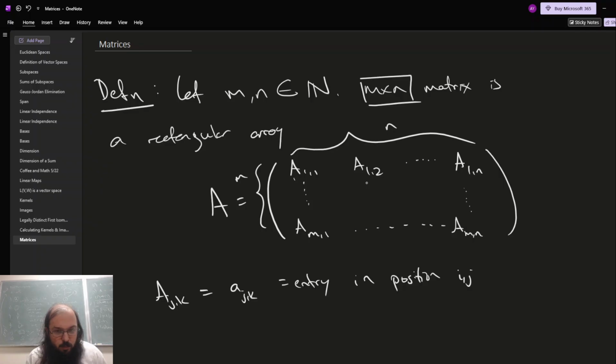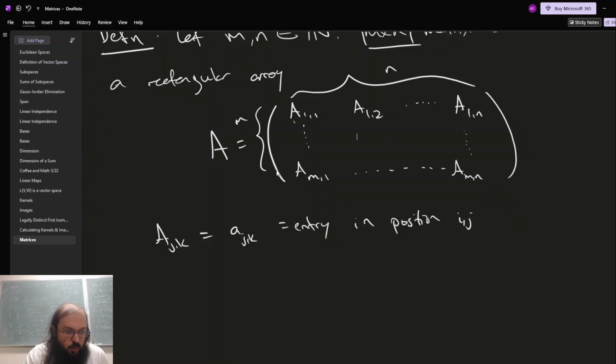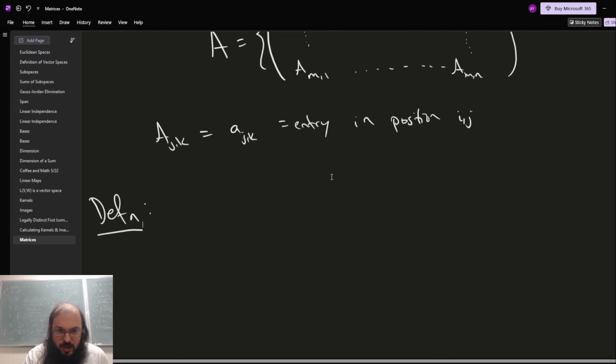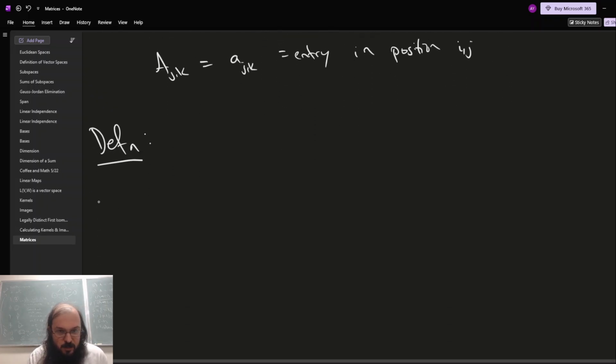Now, what makes these interesting is that these things can be used to represent linear maps. And this is the main definition that I want to present today. I told you what a matrix is, but here's what the purpose of a matrix is.